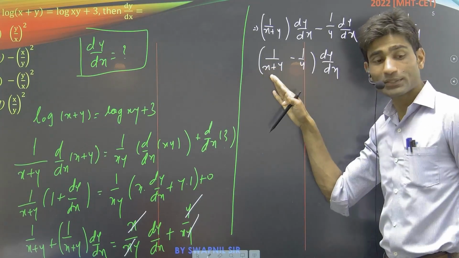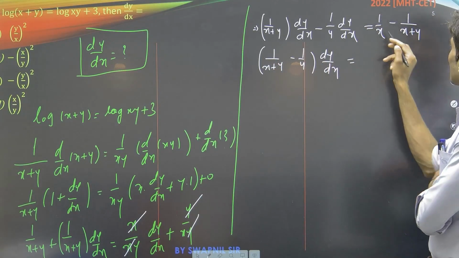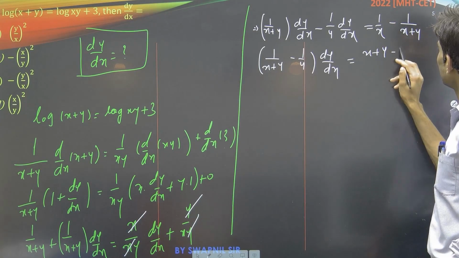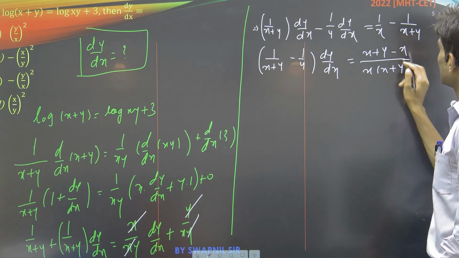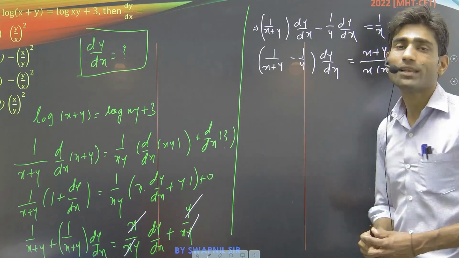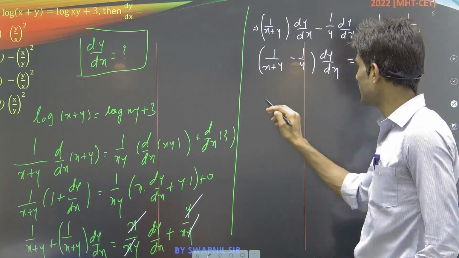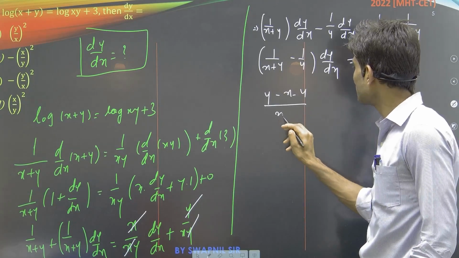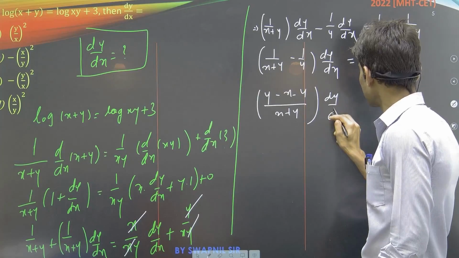So 1 upon x plus y minus 1 upon y dy by dx is equal to, go for the cross multiplication, x plus y minus x divided by x into x plus y. This is just a cross multiplication for two numbers, as we do in our rational calculations. Cross multiplication on the left gives y minus x minus y divided by x plus y, into dy by dx.